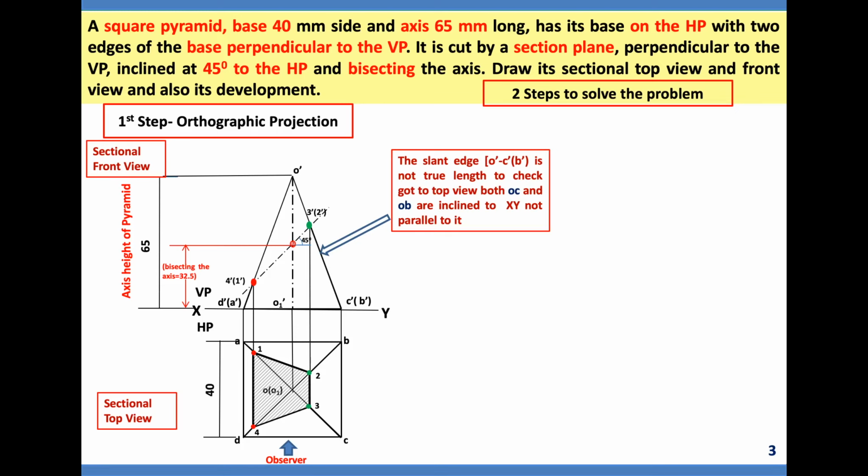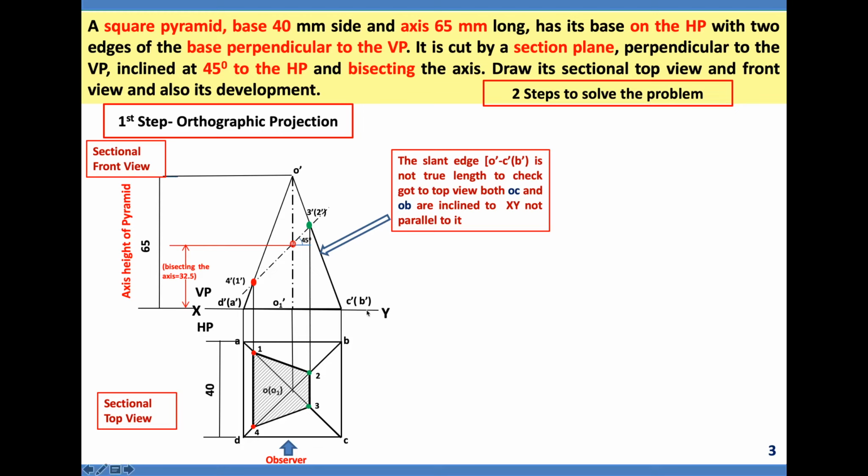Here, one observation we have to make is that the slant edges, that is O dash C dash and O dash B dash, these two slant edges, are not true length. How to check? In order to check it, go to the counterpart.